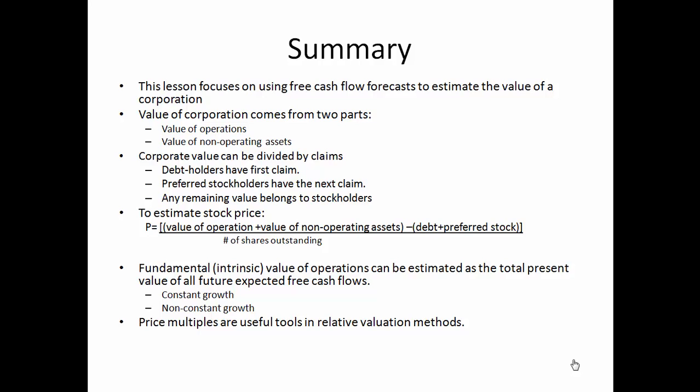So to estimate stock price, the price per share equals the value of operations plus the value of non-operating assets, and then subtract the value of debt and the value of the preferred stock, and the result is divided by the number of shares outstanding. Fundamental or intrinsic value of operations can be estimated as the total present value of all future expected free cash flows.